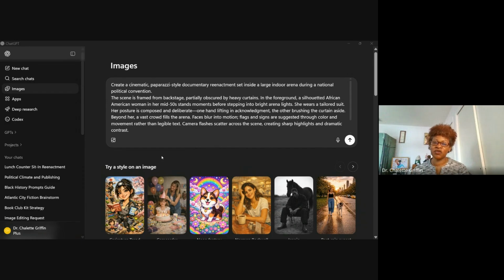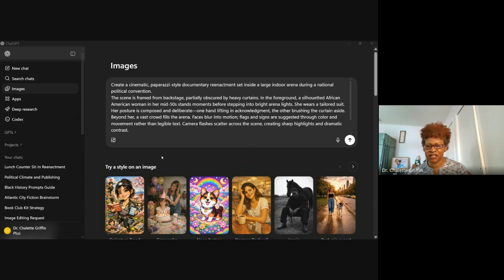Beyond her, a vast crowd fills the arena. Again, we're still talking about the environment. Faces blurred into emotion. That's very important because, again, we don't want to be direct. ChatGPT doesn't really like that, especially when you talk about faces. Flags and signs are suggested through color and movement, and that's all about the lighting.